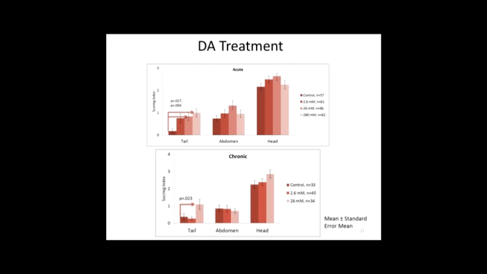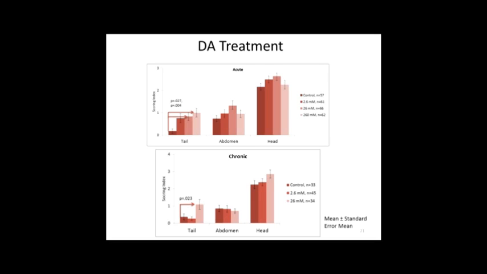Some results from my dopamine treatments were that in the top graph you see the acute treatment. The y-axis labels are the scoring index that I mentioned earlier, with the scores of 0 to 5 assigned to each response behavior. The bar clusters are related to the tail, abdomen, and head, each section of the body that was stimulated.